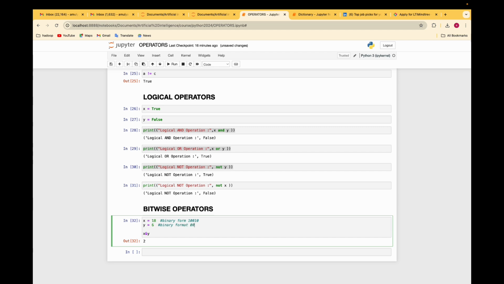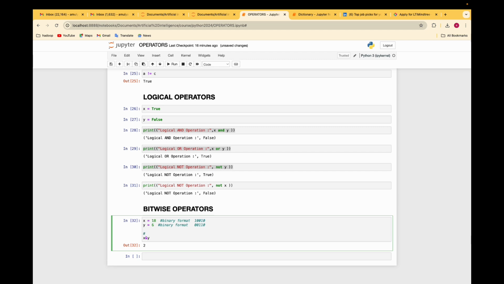Binary format is 0 0 1 1 0. And when you add these both, it would be 0 0 is 0, 1 1 is 1, 0 1 is 0 again, 0 0 is 0 again, 1 0 is 1.